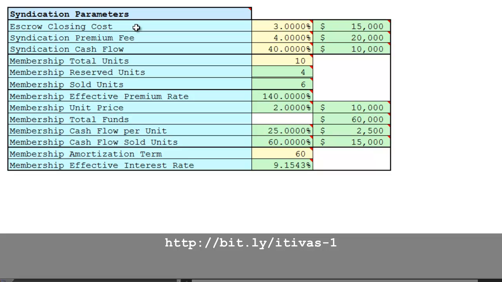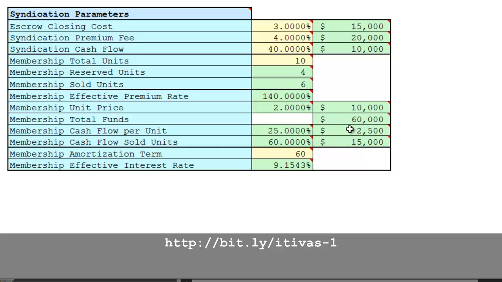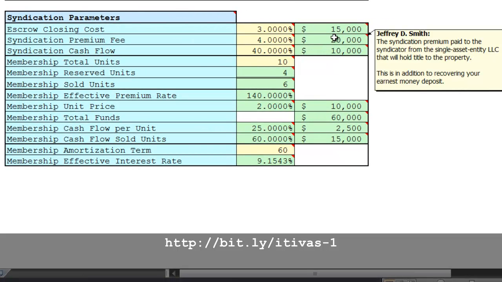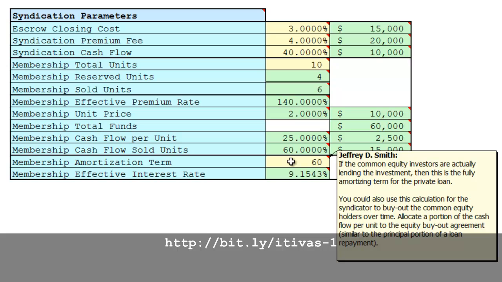Also for syndication parameters, there's no dollar input, only dollar output. Therefore, all you need to put in is the syndication percentages and number of units, and everything else is calculated for you. Another parameter for syndication down here is the amortization term.